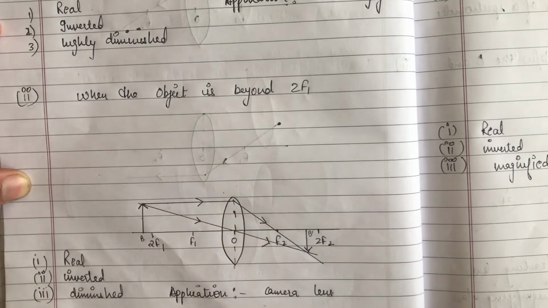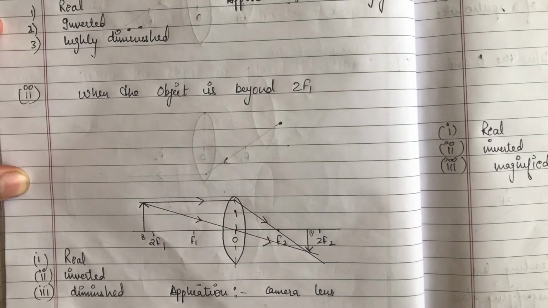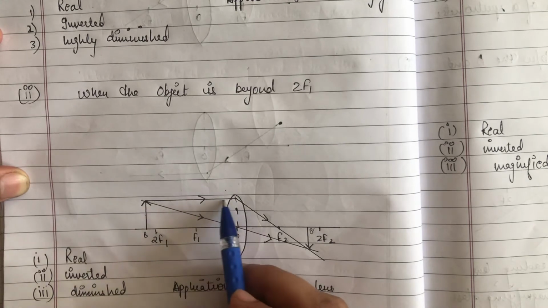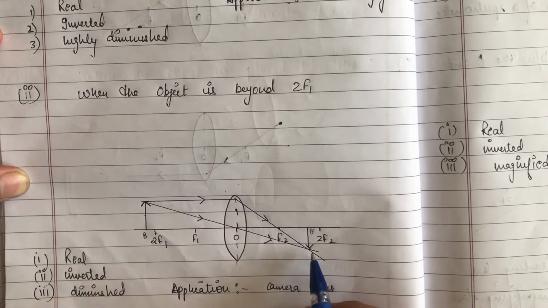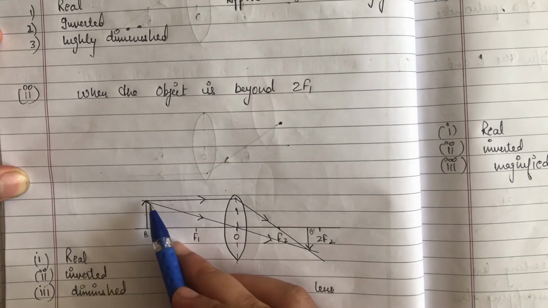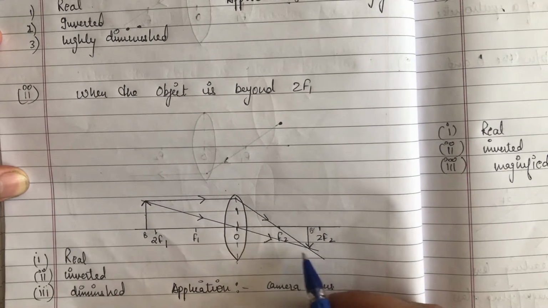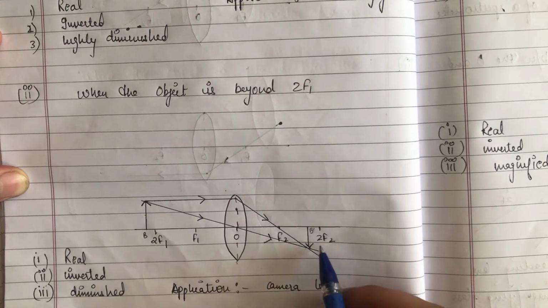This we have to draw with the help of a scale. Our first ray, parallel to the principal axis, will pass through the focus. The second ray we have taken passes through the optical center and goes undeviated. These rays meet at this point, between F2 and 2F2.